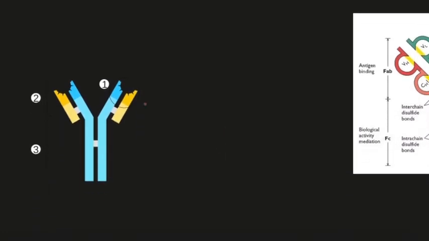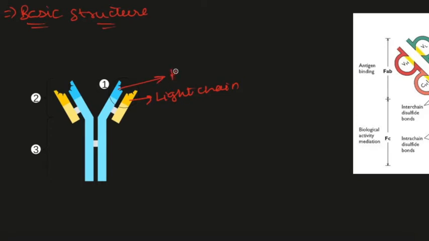Now if we talk about the general structure of the immunoglobulin, it is basically a Y-type structure. This is the basic structure. This Y-shaped structure comprises different regions. This region is called the light chain. This is called the heavy chain region.